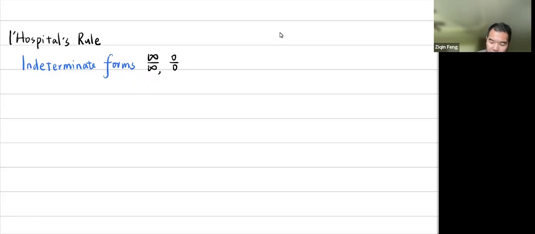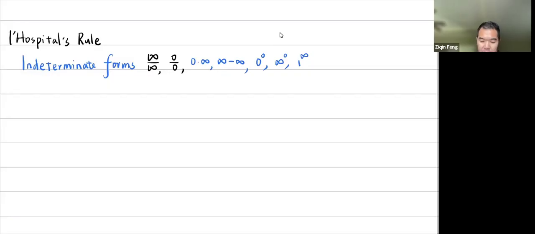And also we can change indeterminate product 0 times infinity, or indeterminate difference infinity minus infinity, or some indeterminate exponents, powers, right? Like 0 to 0, or infinity to 0, or 1 to infinity.